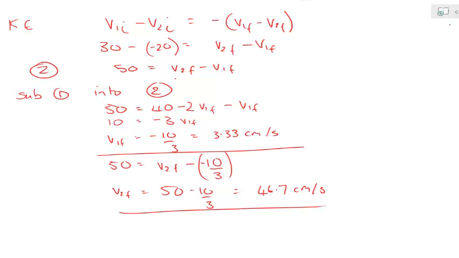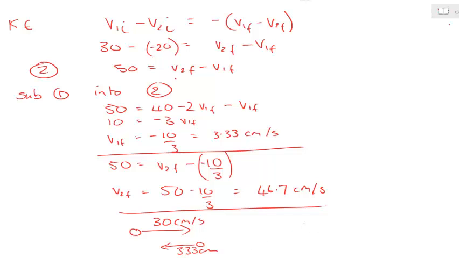Those are our answers. So that means that our initial ball, which was going initially at 30 centimeters per second in that direction, has now turned around and gone back at about 3.33 centimeters per second.